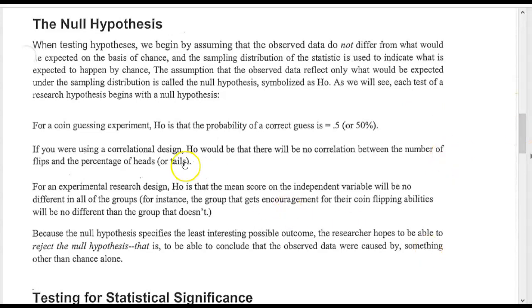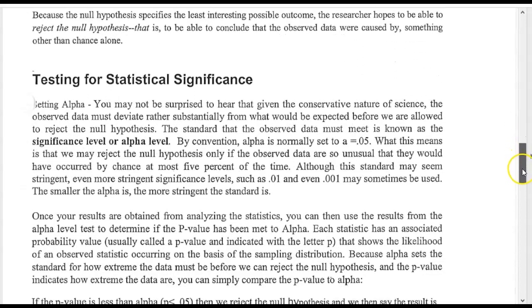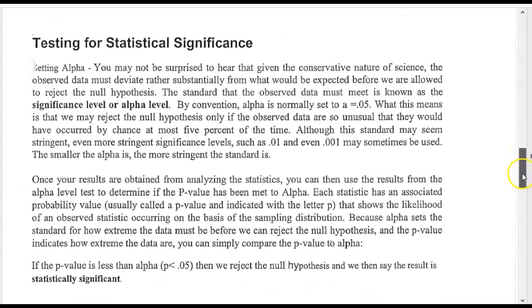So again, the null hypothesis is H0. That's the symbol for it. Oh, look at that. Another hole punch through a word that we need. Alpha. So, getting to alpha. What we study in psychology most of the time, an alpha level or a significance level, A for alpha, is 0.05.